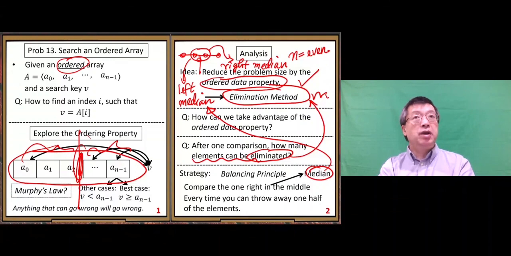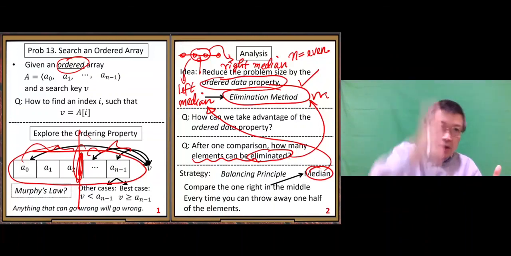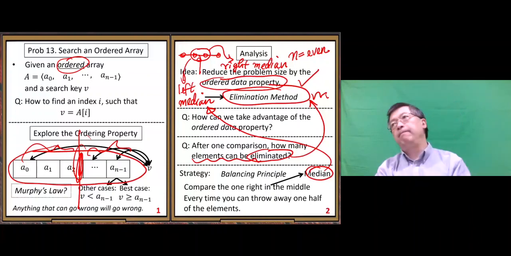In computer science we frequently use approximation, so it is very natural to use it. It's a pretty good approximation, so we say we cut the problem size by half. Good enough. We should be very satisfied.